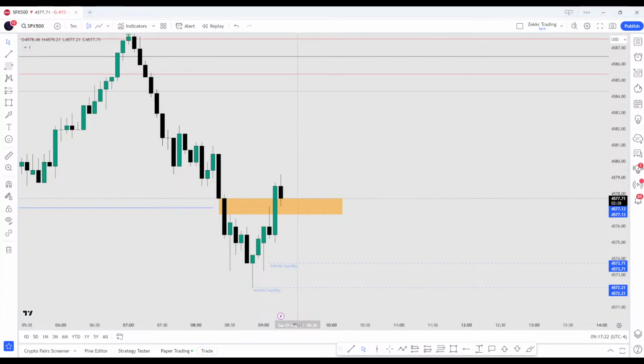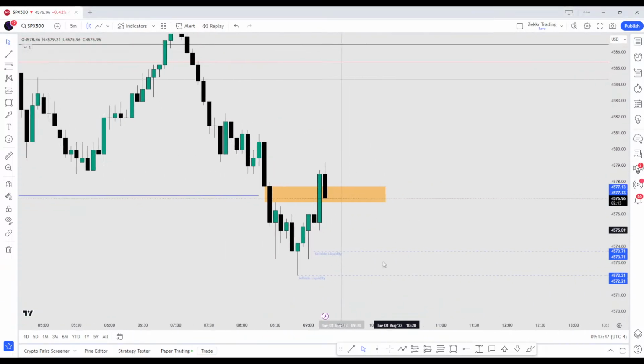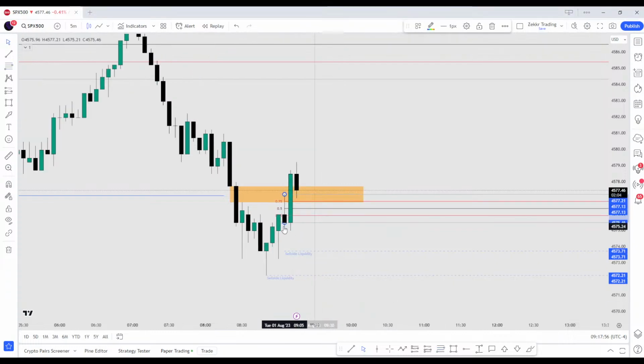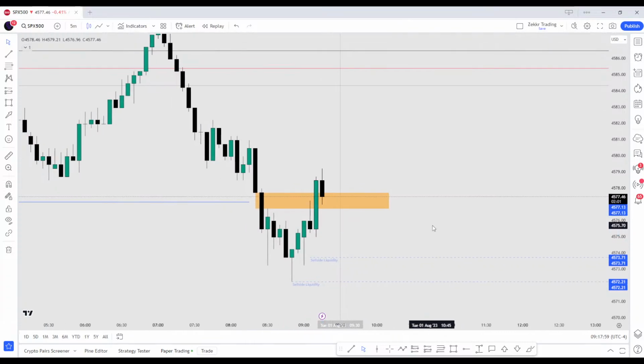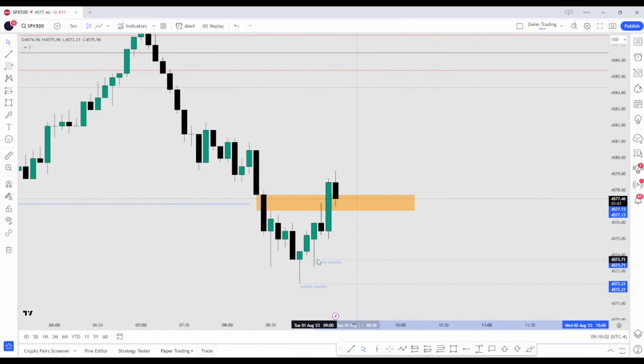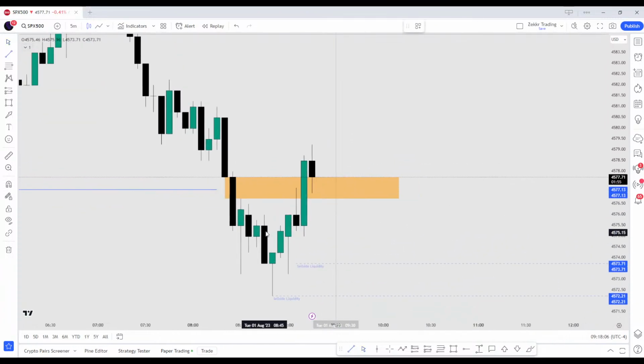We have to see how it reacts to this block, and if it closed below the 50%, this could be an indication we're going even lower, because what we have here is a bullish order block.